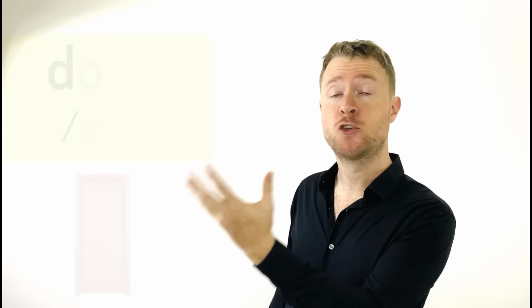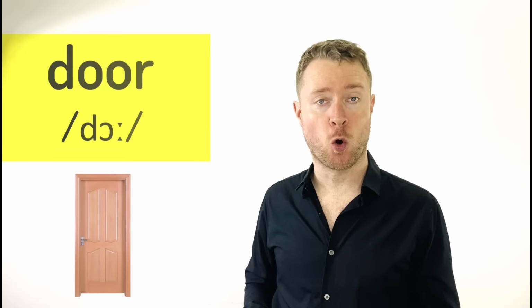For, door, okay, or. You really have to make sure that your mouth closes and pushes the sound out through your lips. For, door, tor, okay, and also in words like walk.